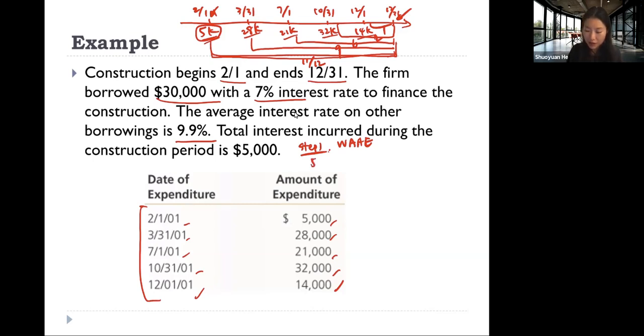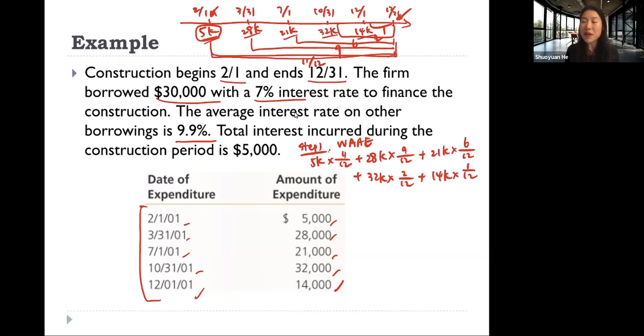So that's 5,000, and then we multiply it by 11 out of 12. And then for the next 28,000, it is in use for 9 months out of 12. And then for the next 21,000, 6 months out of 12. The next 32,000, 2 months out of 12. And the last 14,000, 1 month out of 12.